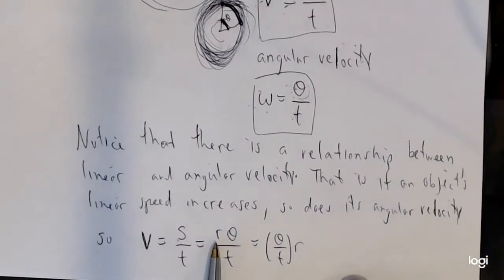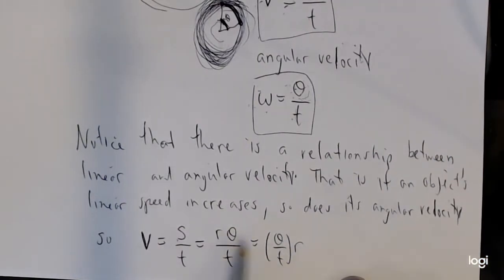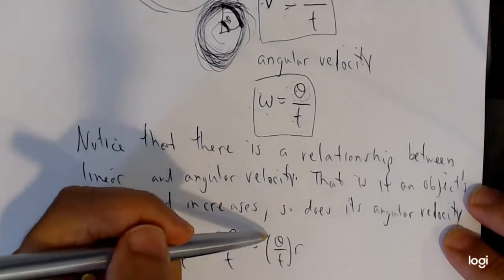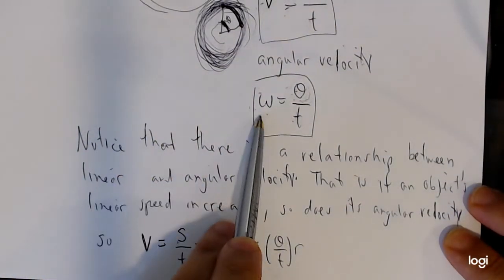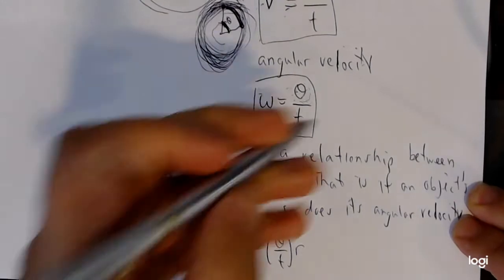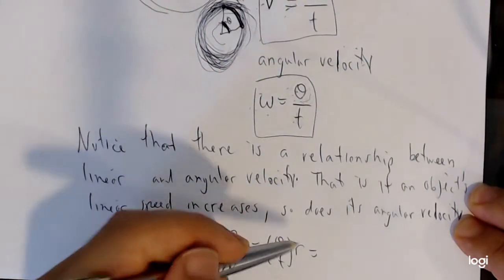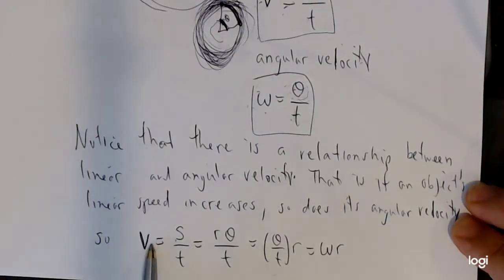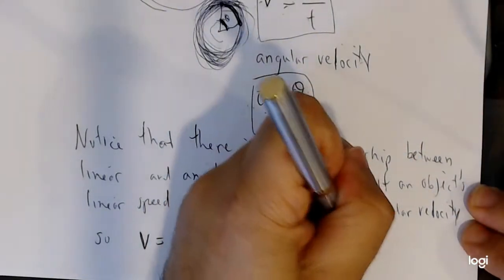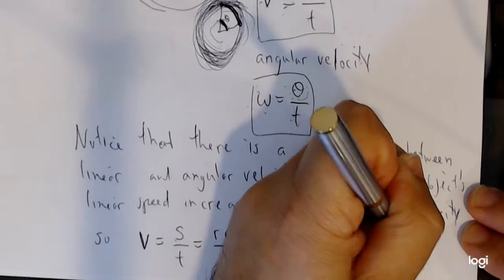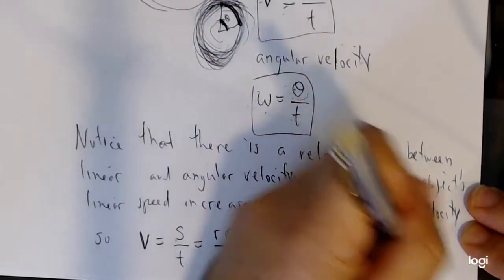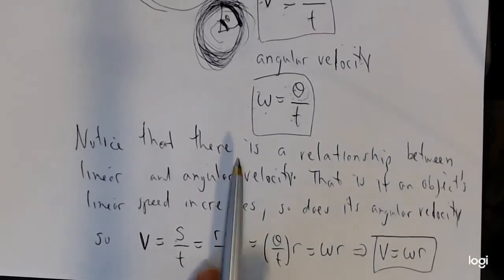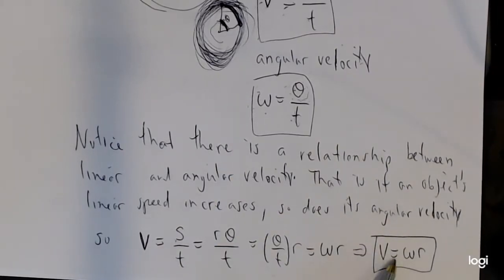Now why did I do that? Because theta over t is my angular velocity, omega. So v equals omega r. What does this imply? Linear velocity equals the angular velocity times the radius. So that's another equation that we can use when it comes to angular velocity and linear speed.